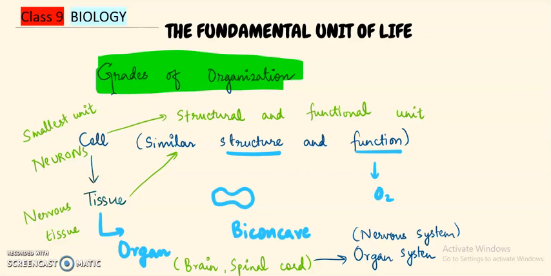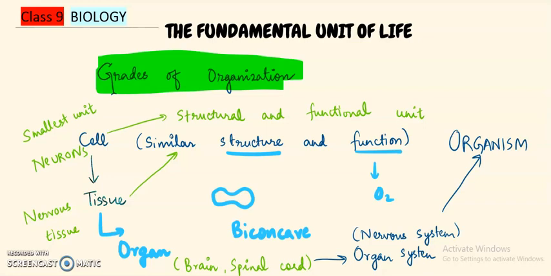Tissue collect together, like if nervous tissue is scattered, it would be collecting together to form an organ. Organ in the case of nervous system would be brain and spinal cord. Organs will be collected together to form an organ system, and collection of organ systems makes an organism, right?